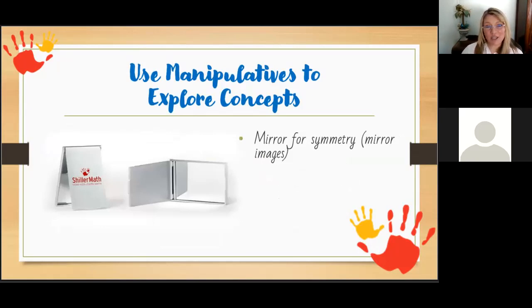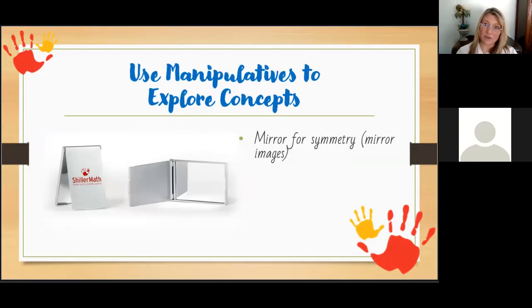And in addition to that, you want to explore concepts with manipulatives. Even if you don't have Schiller Learning curricula, you probably have a mirror in your house. And this can be used for doing symmetry work. Our mirror, I love because it stands up very easily on your page.